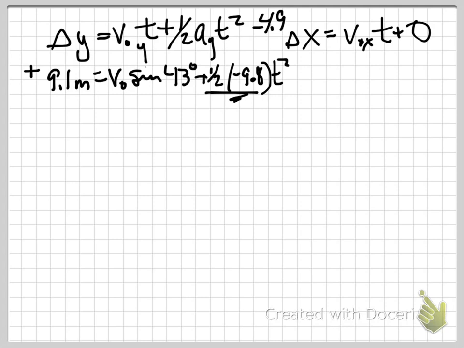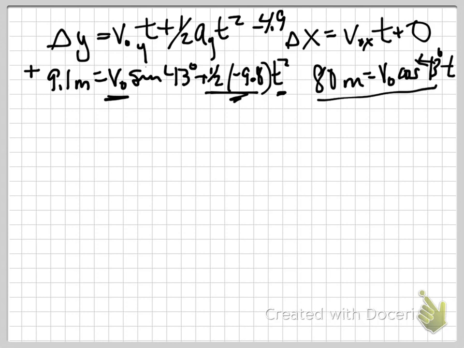All right, so I can't solve this because I don't know V naught and I don't know T, but I have this equation over here which I know is, how far to go, 80 meters equals V naught cosine of 43 degrees times T. Sorry about my writing there. Now, the logical choice would be to solve this equation for T and substitute it in and solve for V naught.